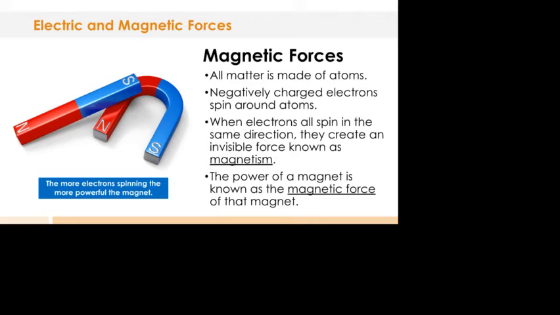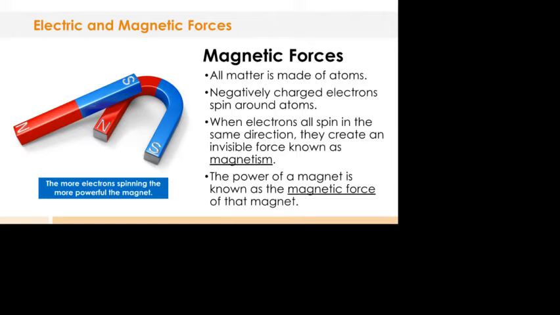So if we remember that all matter is made up of atoms and that the negatively charged electrons are spinning around every atom, in any non-magnetic substance, the electrons are just spinning randomly. Each of these electrons basically has domains that are similar to north and south poles.